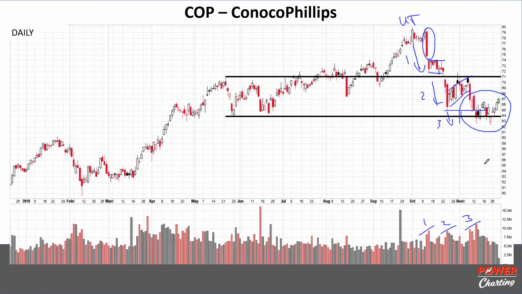But notice this, that in this last decline that occurs in November, there's an attempt to go down below the late October low, which barely breaks the late October low and barely breaks the support area.